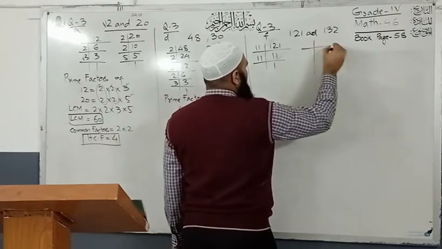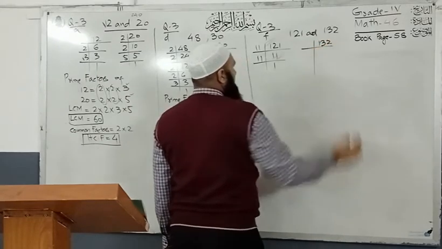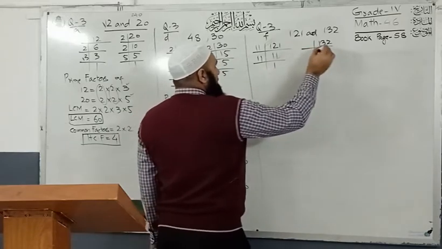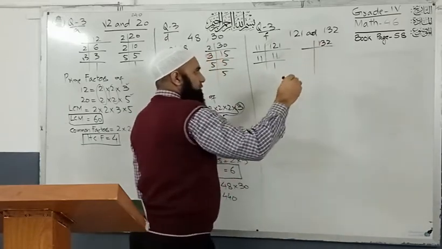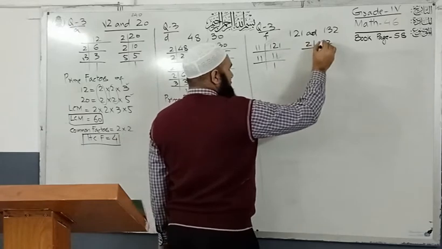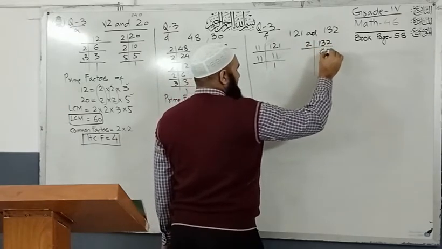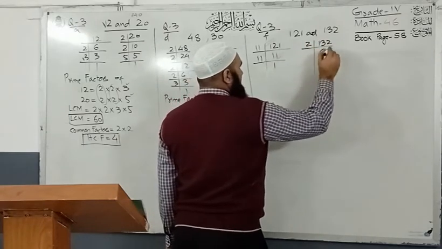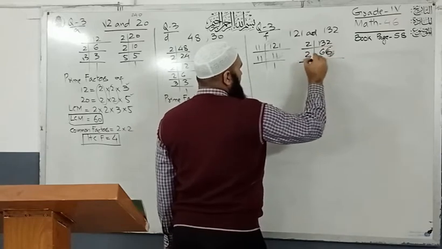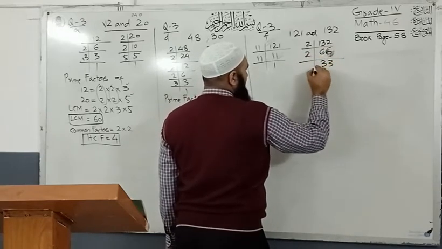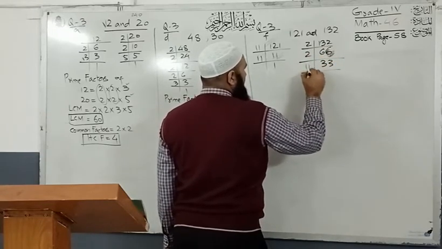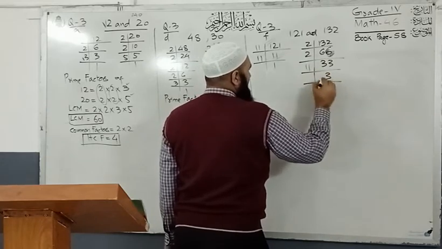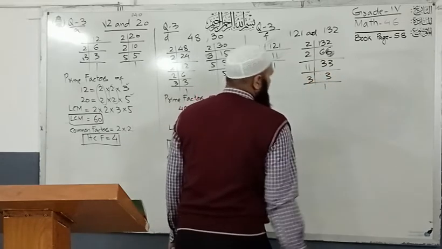Now start dividing 132. Start dividing by the lowest prime number 2. We get 66. 2 into 66 is 33, and 33 is only divisible by 11. Then 3, and 3 is only divisible by 3.